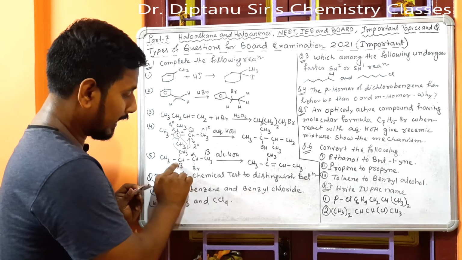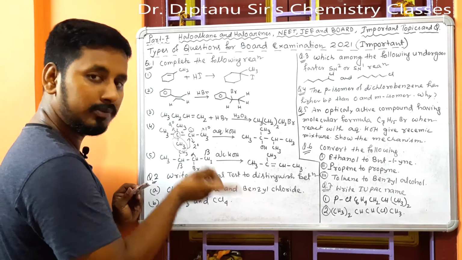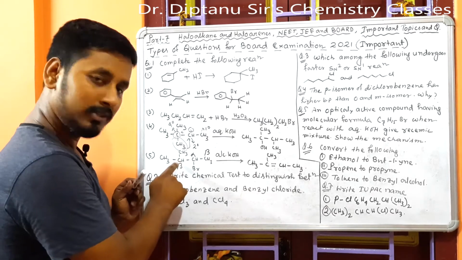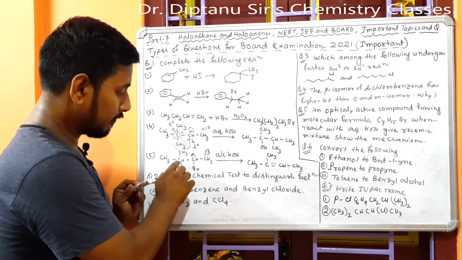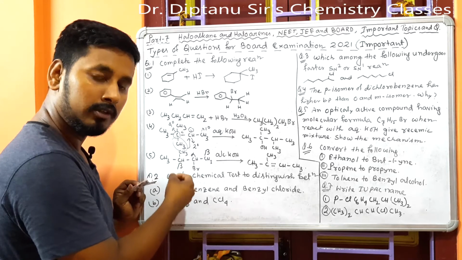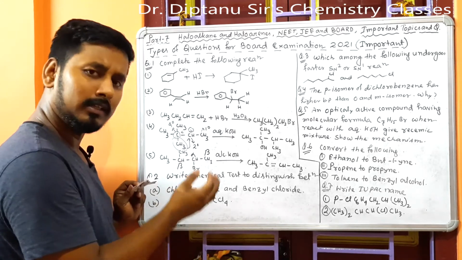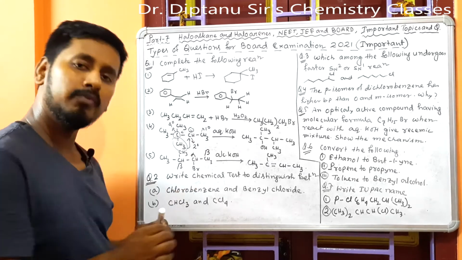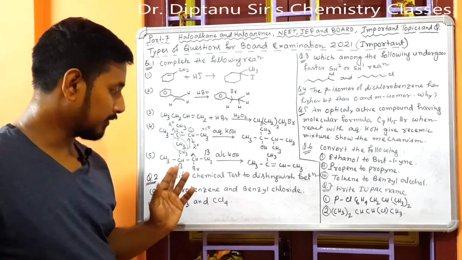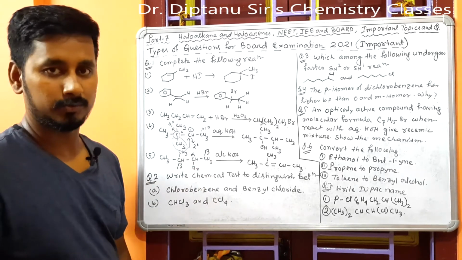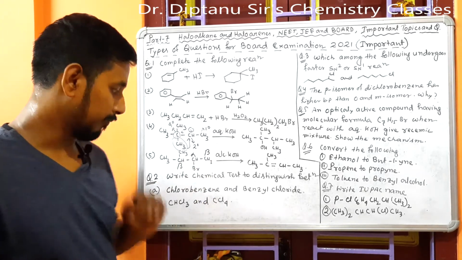So hydrogen will be removed from the carbon atom which is more alkylated. So you can say that the hydrogen will be removed from that beta carbon atom which has a lesser number of hydrogen atoms. This is our Saytzeff rule.